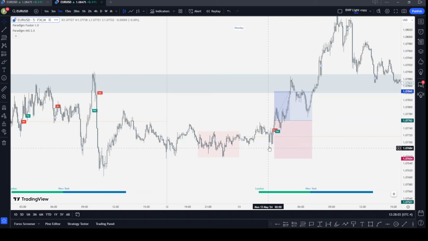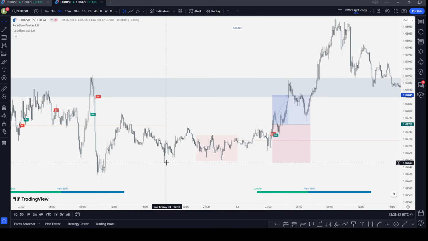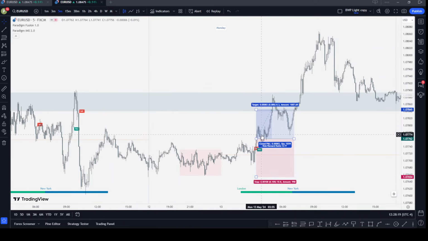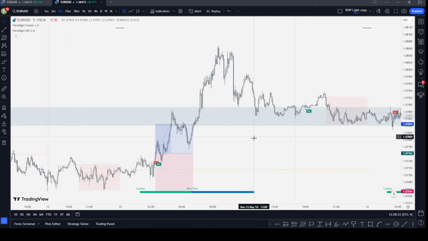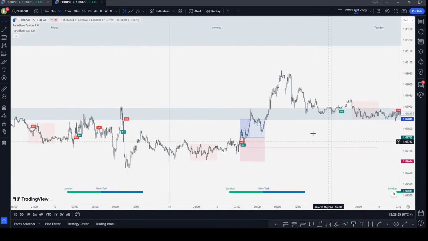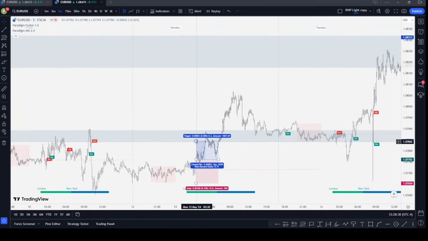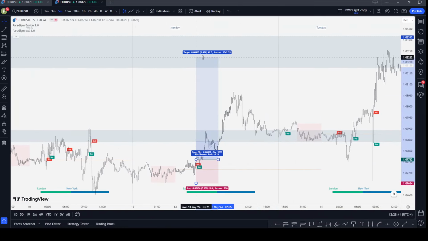If the RR is less than 2, it is going to use the closest intermediate time low, which will be this one. But typically it uses the low or high of the day. It all depends on how wide the range is between the confirmation price and the low of the day. If it is too high, then it tries to reduce the range to the closest intermediate time low.